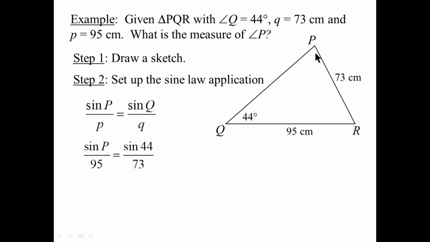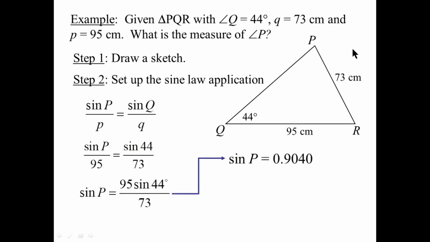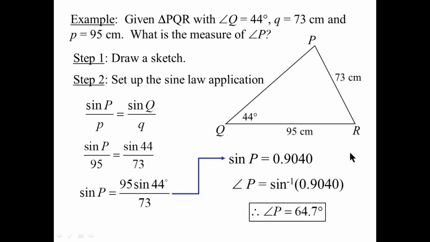Sine P over 95 equals sine of 44 over 73. Cross multiplying, doing some calculator work, we have sine P, and algebraically sine steps across the equal sign and becomes inverse sine, and we get angle P equals 64.7 from our calculator.